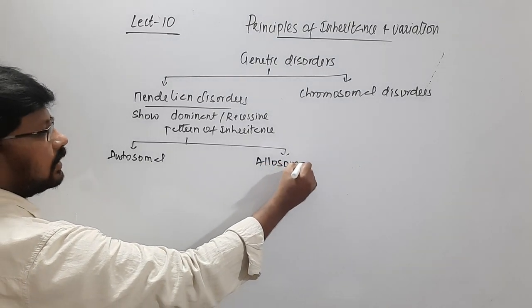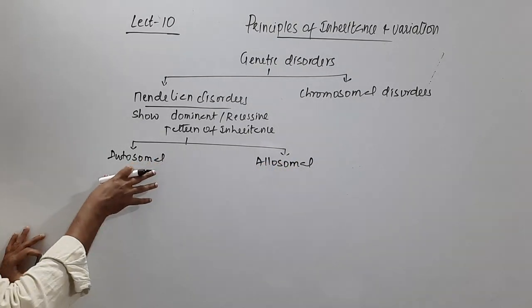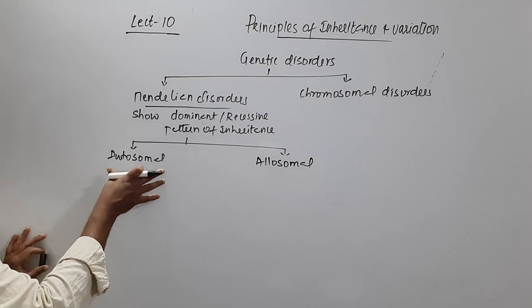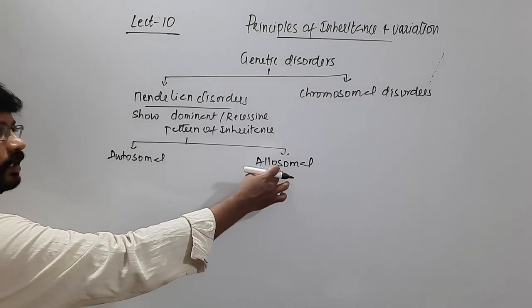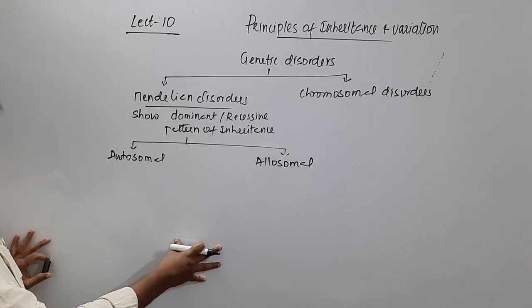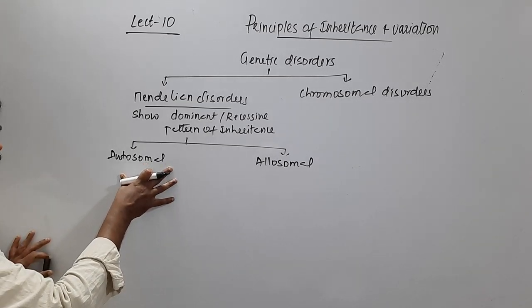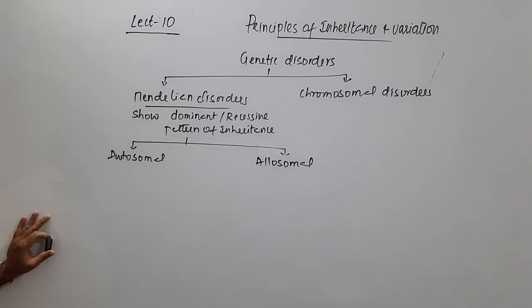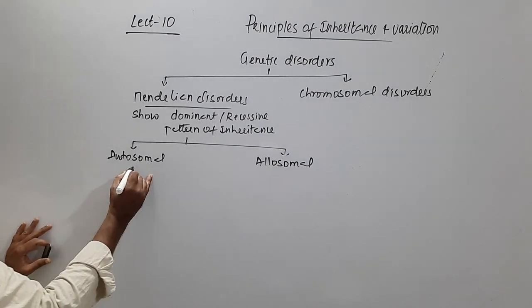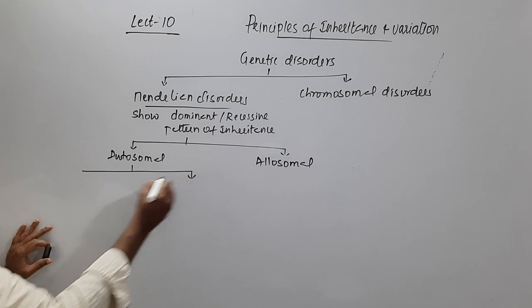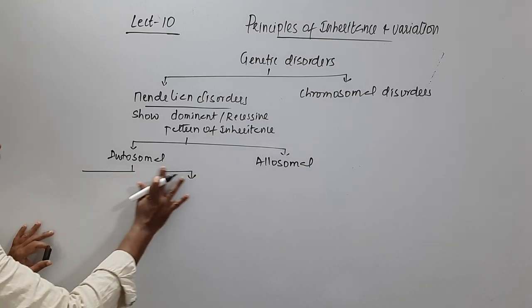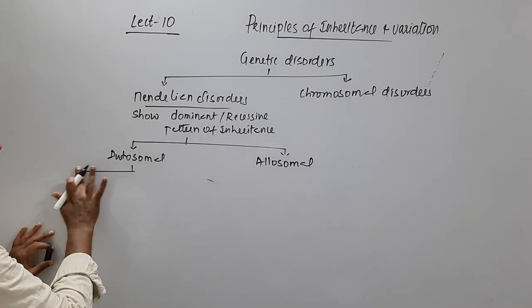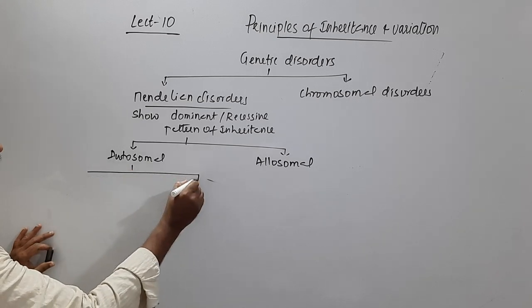In allosomal, the genes are present on sex chromosomes, and if the genes are present on autosomes, then the condition is called autosomal. Under this autosomal, we will see again dominant or recessive.